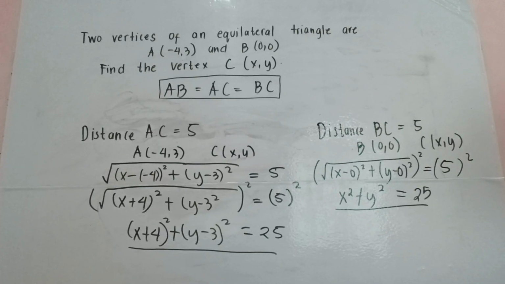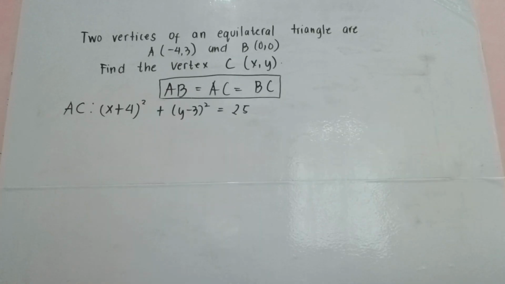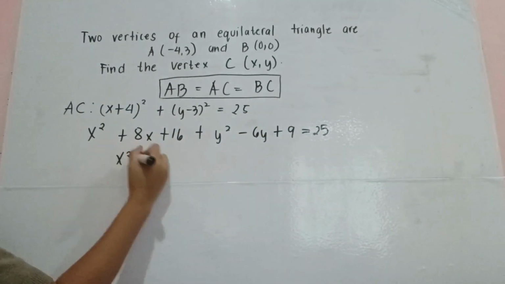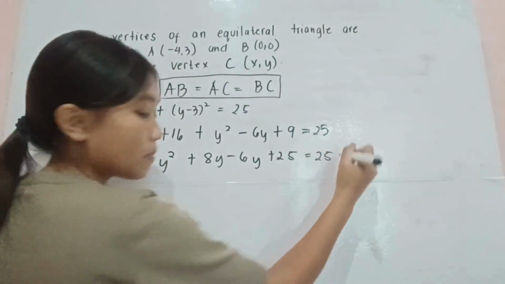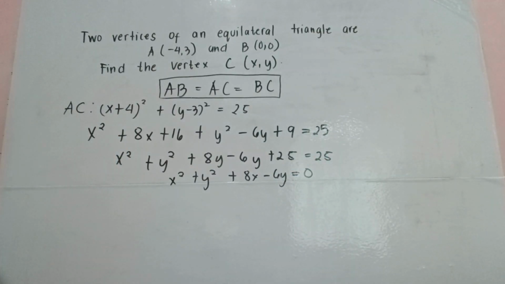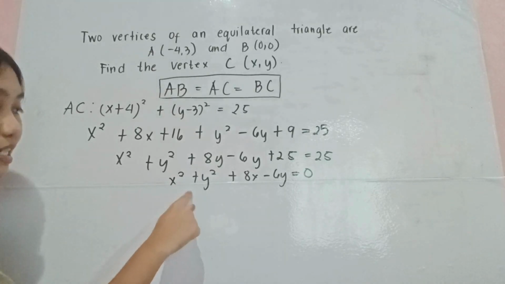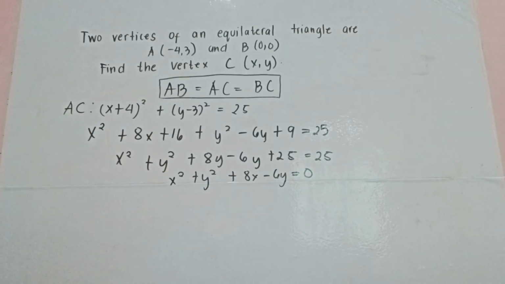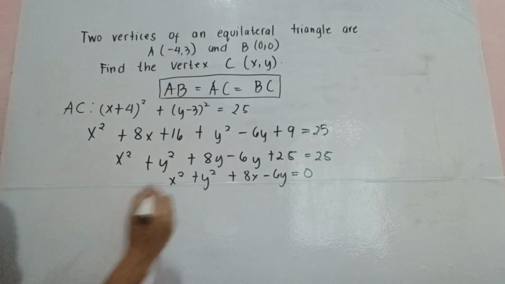Let's solve it step by step. We'll start by expanding the first equation to simplify it. Notice that from the equation of BC, x squared plus y squared is equal to 25. We can substitute the value of 25 in this equation. So x squared plus y squared is going to be 25.